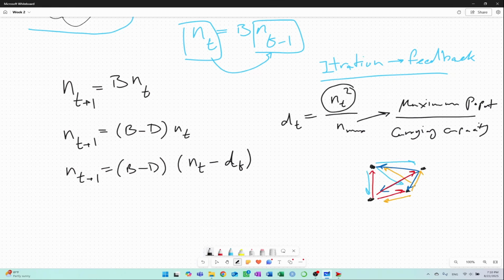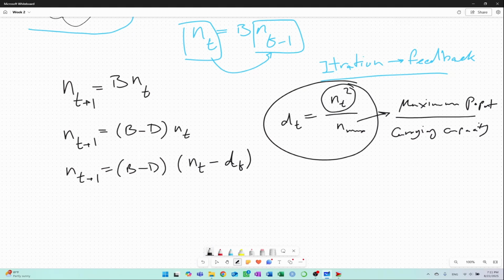The reason that we have n sub t squared is that for every given number of people we have, we are going to have n to the power of 2 interactions. This is the number of these links that existed. So the number of interactions is added. What is this n sub t squared divided by the maximum capacity or carrying capacity? That's the number of deaths because of the lack of resources. So these two formulas that I'm going to write down now are exactly the same thing.